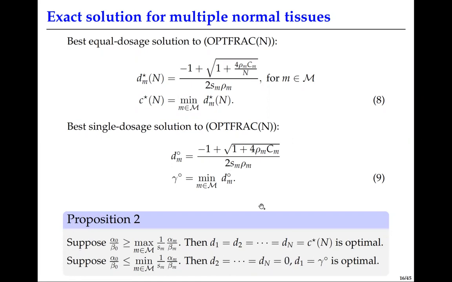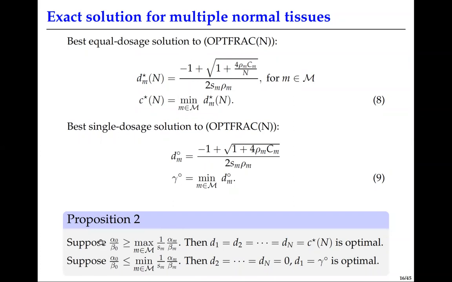Now, this actually does have some interesting clinical implications. Typically, in the clinical literature, people believe that for cancers such as head and neck, the tumor alpha over beta ratio is quite a bit larger than the alpha over beta ratios for the normal tissue in that case.